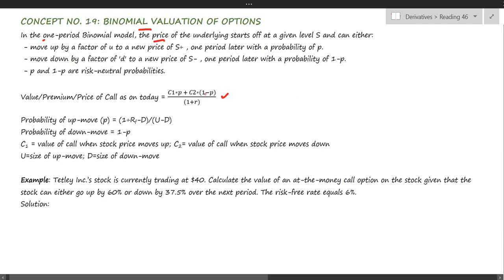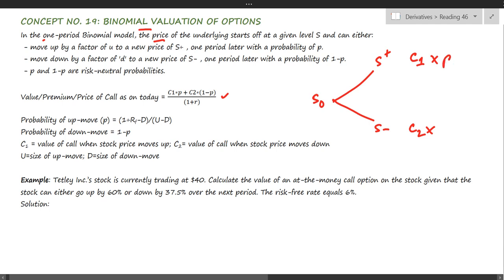The rationale behind this formula is that on expiry, the value of the underlying stock can either go up or go down. If the value goes up, then the value of the call option on that day can be represented by C1, and if it falls, then let's say the value of the call option is C2. These are the only two possibilities. Now we multiply each with its probability.